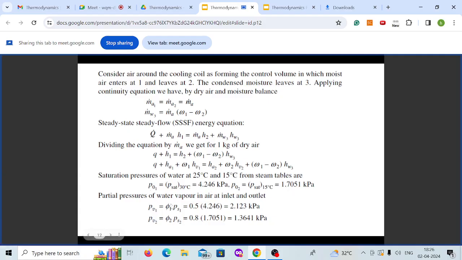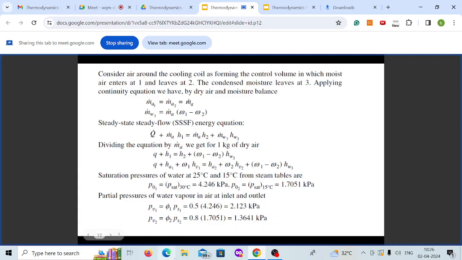We know the relative humidity at inlet and exit, so from there we can find the water vapor pressure. The inlet water vapor pressure is 2.123 kilopascal, and at exit, relative humidity times saturation pressure gives 1.3641 kilopascal.